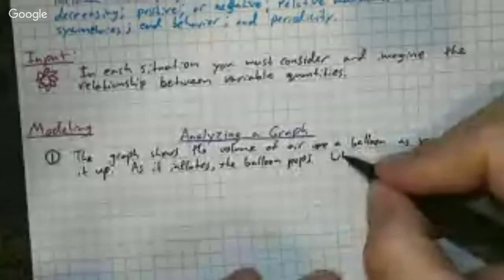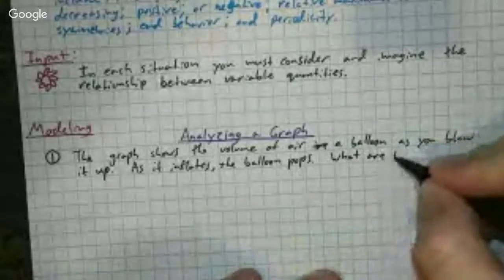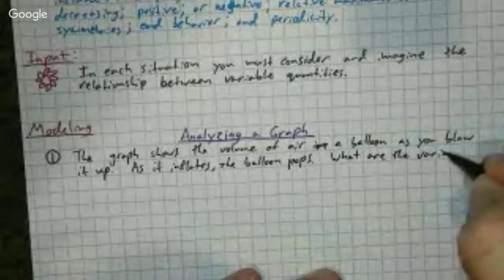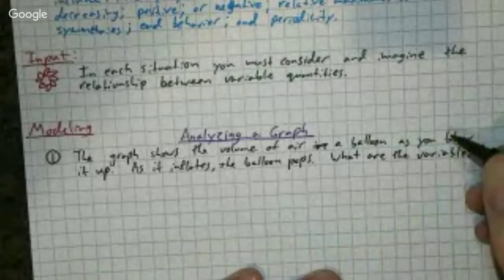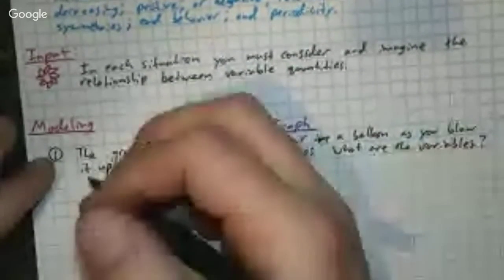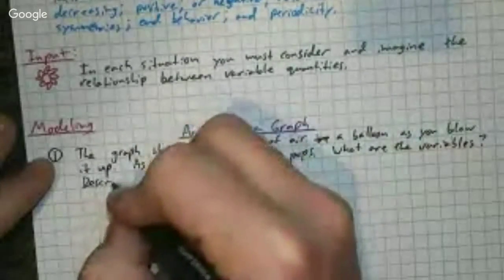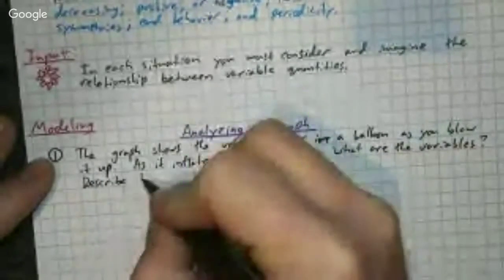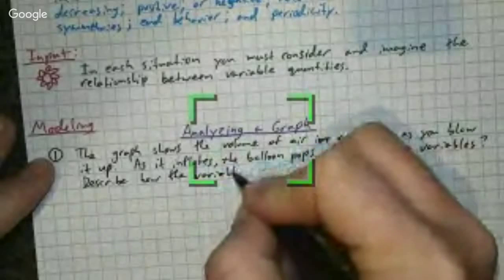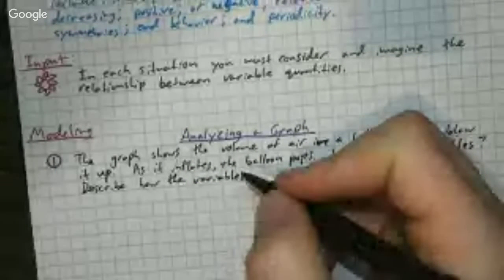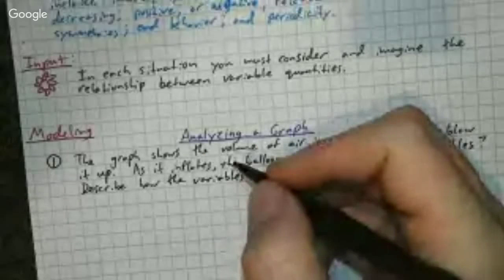What are the variables? Describe how the variables are related at certain points in the graph.